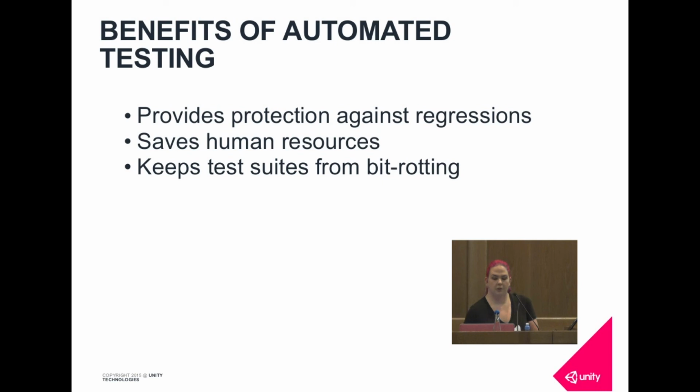It saves human resources, in some cases, not all, by allowing you to replace manual test points with programmatic testing. But it also removes the burden on developers to necessarily run all of the test suites locally. And if you have a lot of high-level or slow tests, that can be quite beneficial. And then finally, it keeps the test suites from bit rotting. If you put the effort into creating a nice test suite, it's a really nice way to ensure that it stays up to date, right?